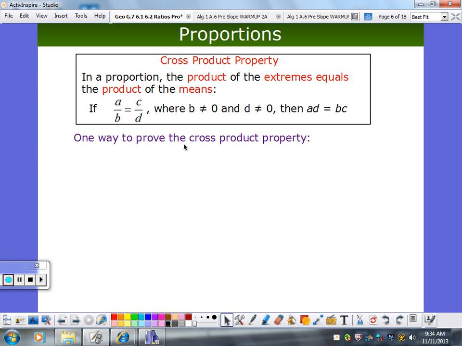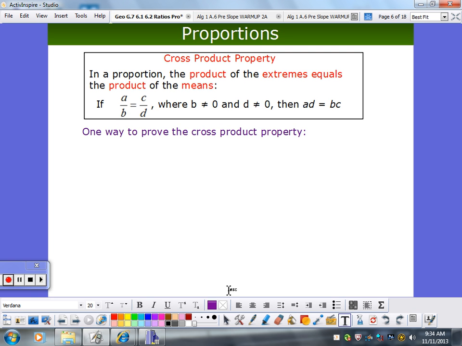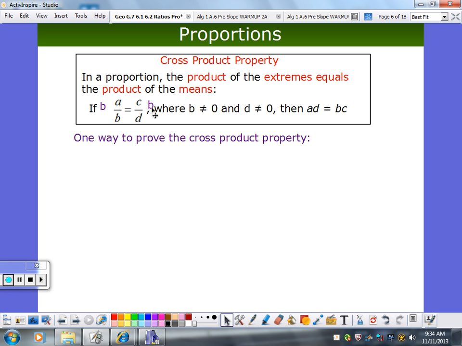But you know how you prove it? How would I solve this equation to get rid of denominators? I just want to get rid of denominators in the equation. How would I do it? I'm trying to prove you can cross multiply. So, can't I just multiply both sides by b? If I multiply both sides by b, what does that do to this one? If I'm multiplying here, what happens to these two? They're gone, right? So I have a equals c times b over d.